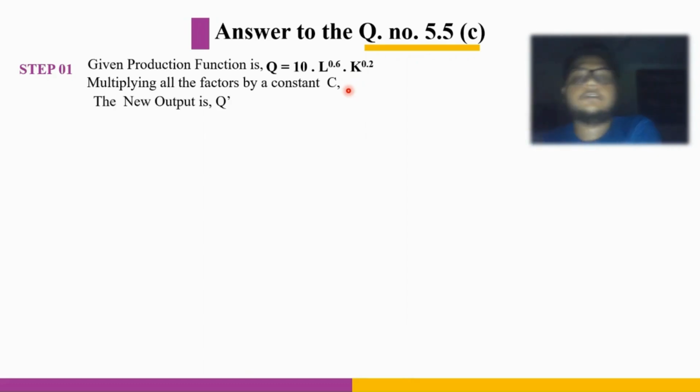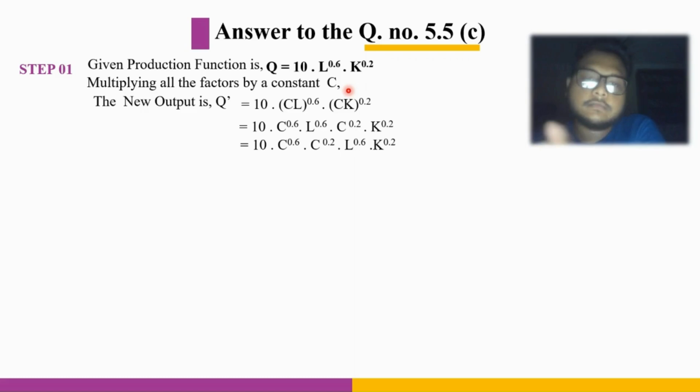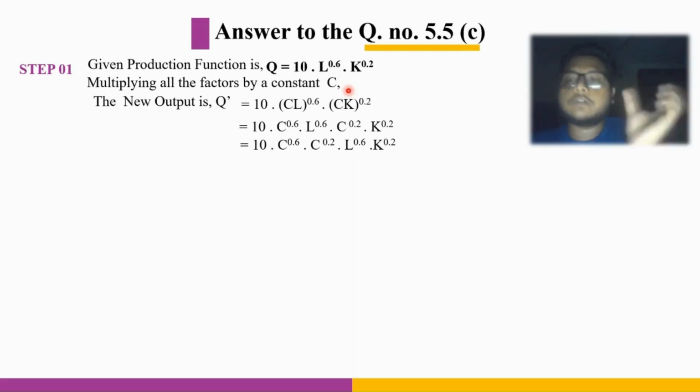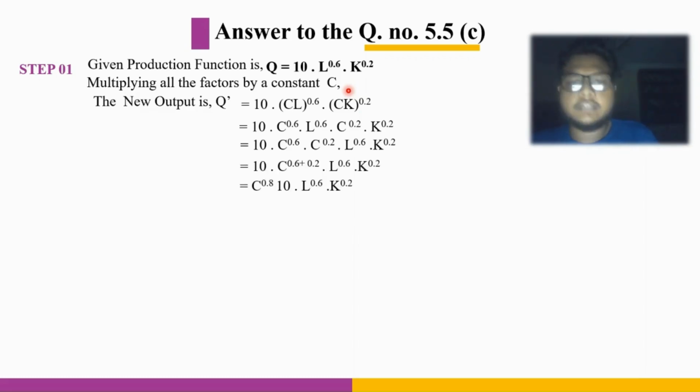So the new output is q dash, and we found by multiplying c with each of the multiples, we get, and we also divide the power among them, and then we know that if the powers of a similar base get multiplied, we add them, and then it turns out that the new production function is c to the power 0.8 into 10 into L to the power 0.6 K to the power 0.2.